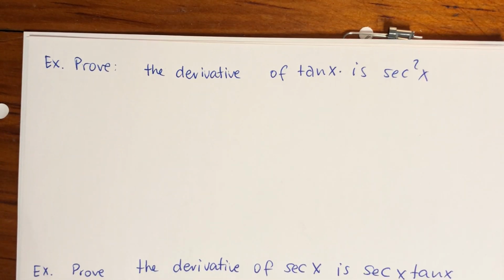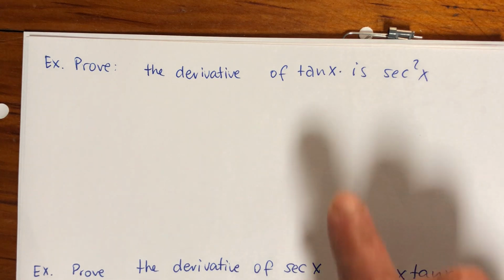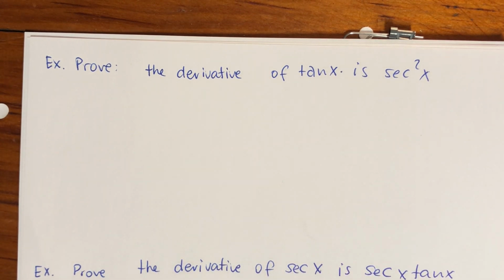I want us to prove, notice I am not going to use limits anymore. I will ask you to prove cosine using limits as a homework assignment, but we are going to prove that the derivative of the tangent function is in fact equivalent to secant squared.